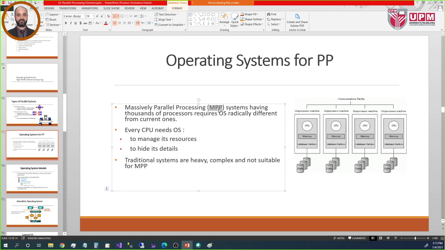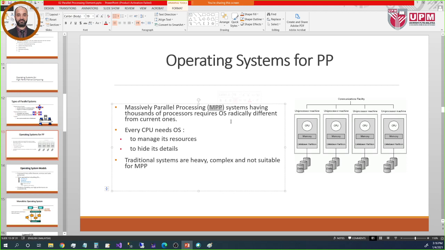One of the types of massively parallel processing is the cloud. Cloud is considered massively parallel processing. Also the grid, because they could have thousands of processors, maybe thousands of memories, maybe thousands of disks also. That's why they require a special operating system that could handle all of that at once.